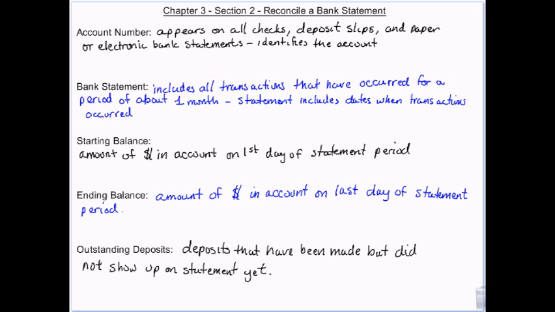It lists all the transactions. Every check that cleared, every debit that you created, every deposit that you made that has hit the bank during that period of time. And that's the key: it's that have cleared the bank.